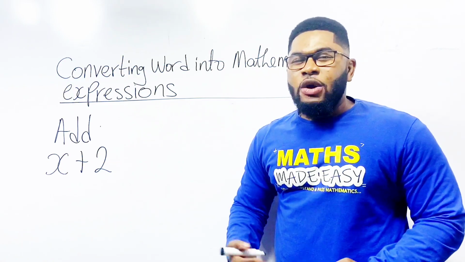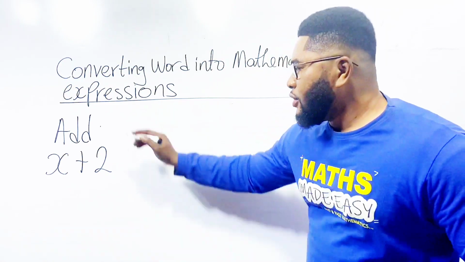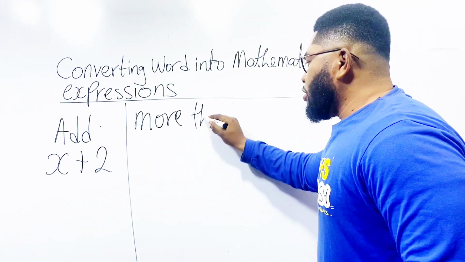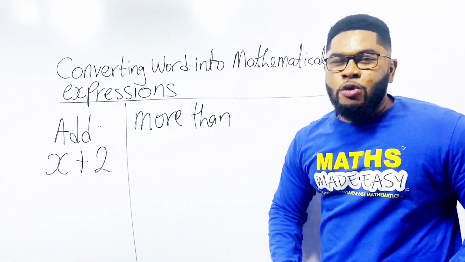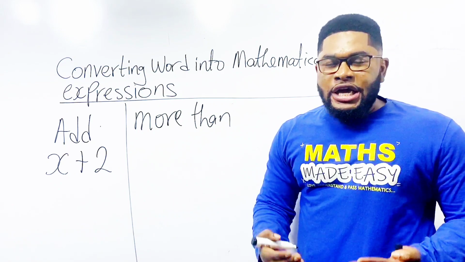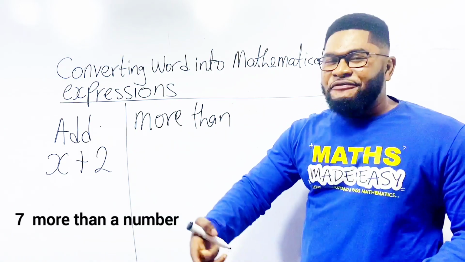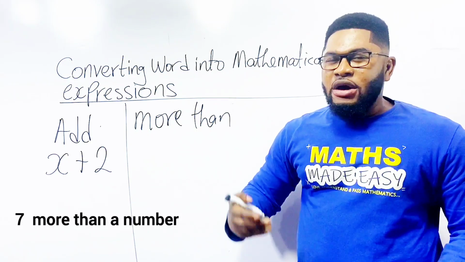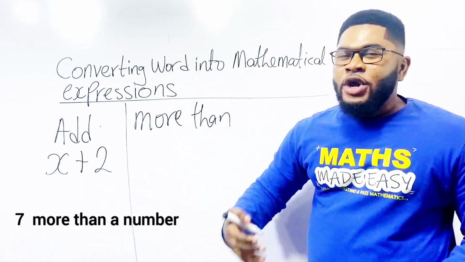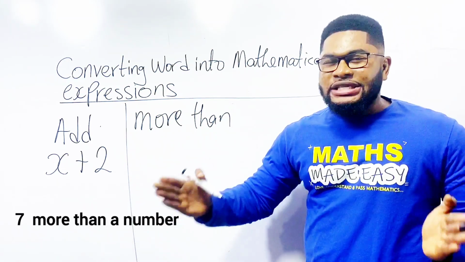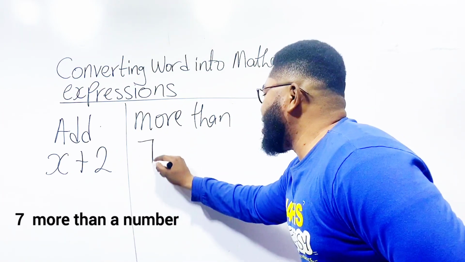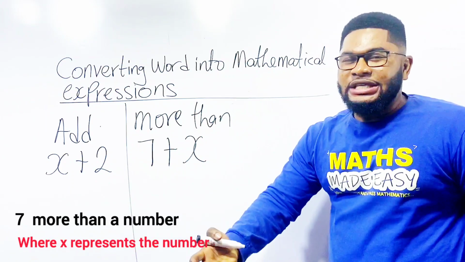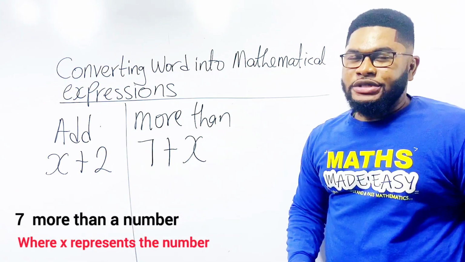Let us look at the word more than. Another word is more than. So this particular word also means add. If we take an example like 7 more than a number, we can write this particular statement as 7 plus x, where x represents the number we are talking about in the question.